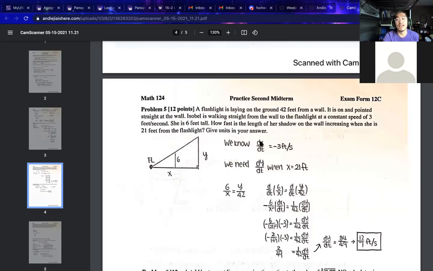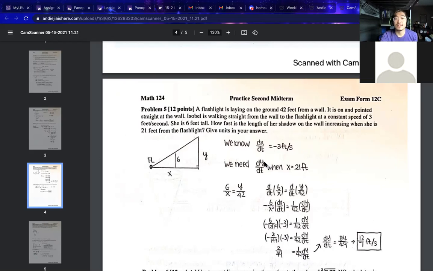Now you know that dx/dt is negative, because she walked from the wall to the flashlight, moving in the negative x direction, from right to left. The velocity will be negative. If she's moving from the flashlight to the wall, then the velocity will be positive.